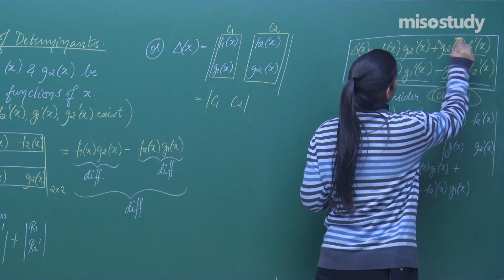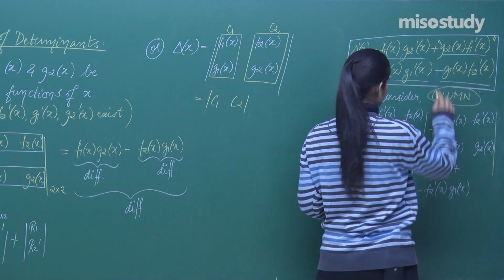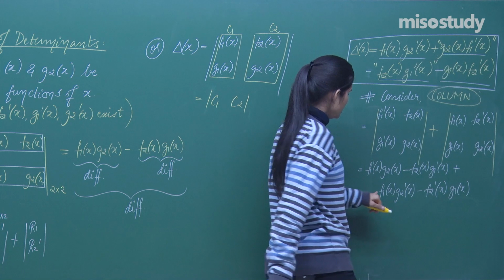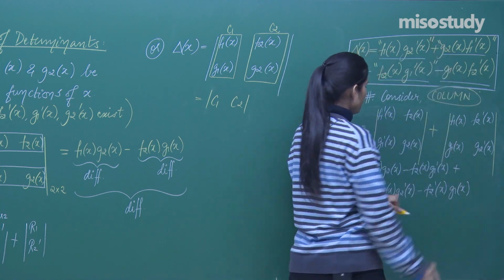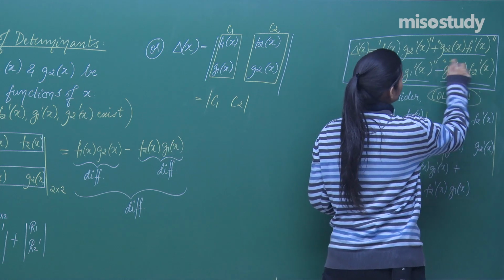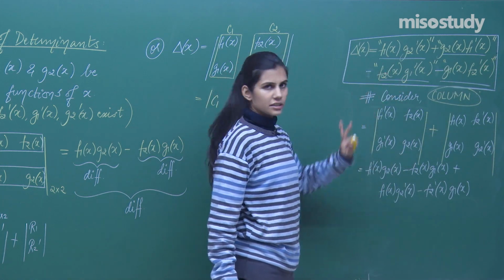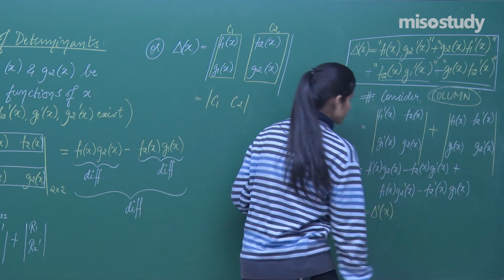So you have this f1 dash g2 minus f2 g1 dash, plus f1 g2 dash, minus g1 f2 dash. Exact same stuff that is written here. So this is actually equal to delta dash x.